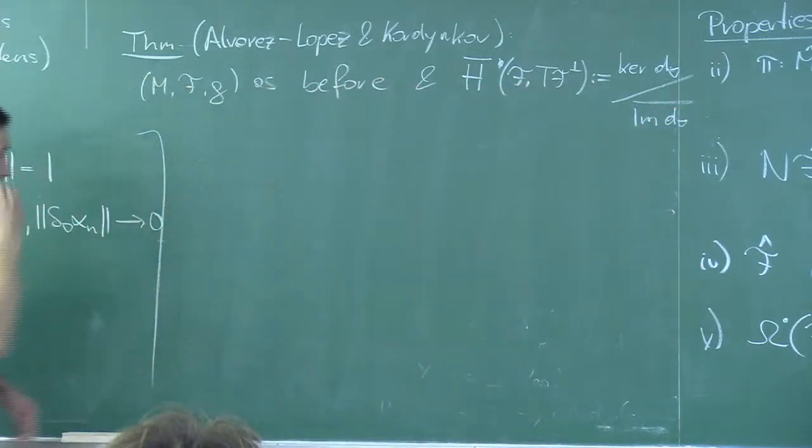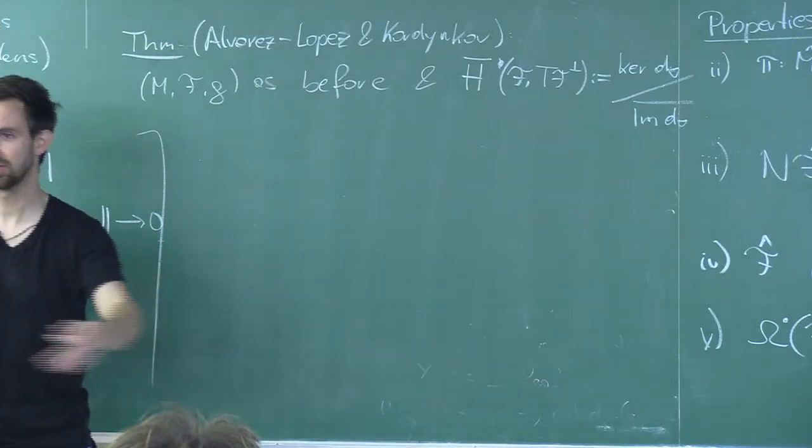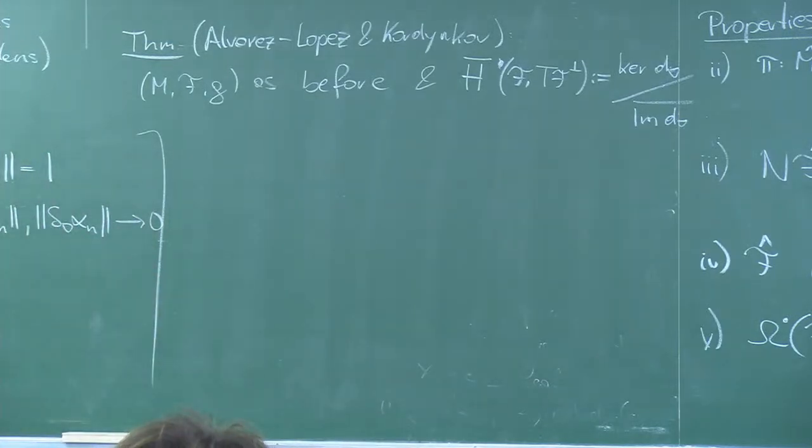Right, and for leafwise cohomology, being closed is not as natural as it is for the de Rham cohomology, so we have to be very careful what we're doing.